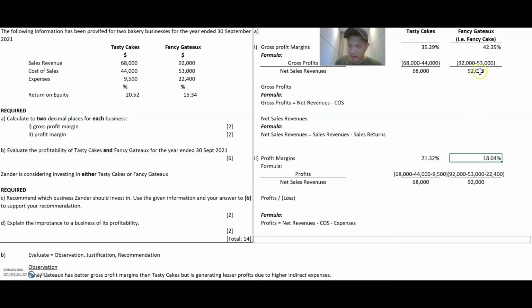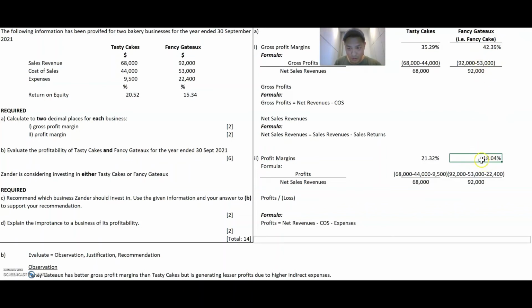That's because in between is indirect expense, which would include things like salaries, rental, utilities, and so on. So for Fancy Gâteau, its indirect cost is much higher than Tasty Cake's, because it starts off at a higher gross profit margin but ends up at a lower profit margin.